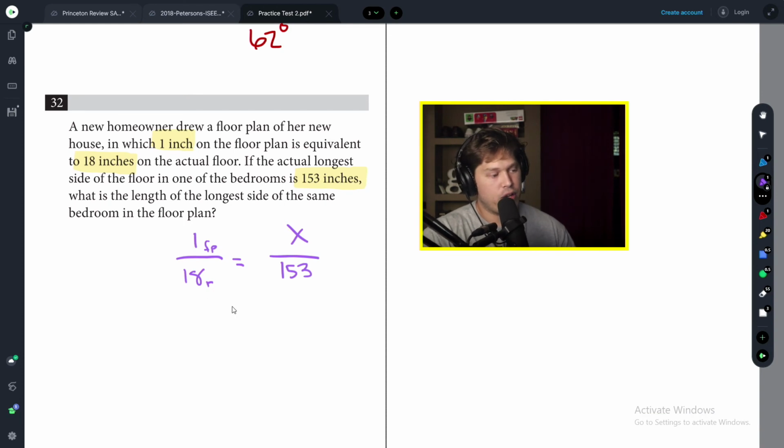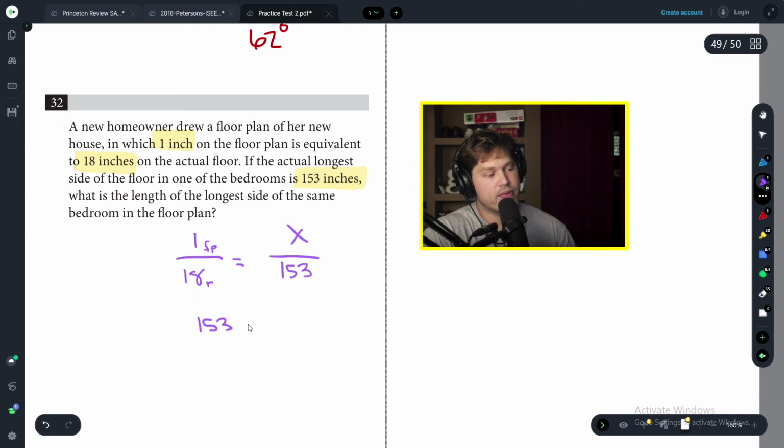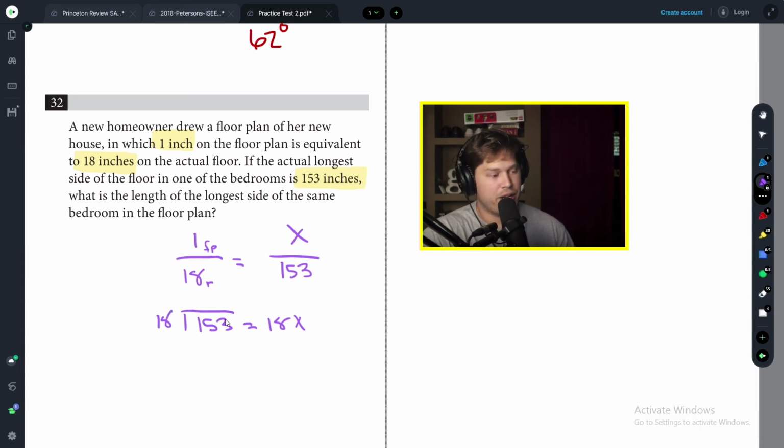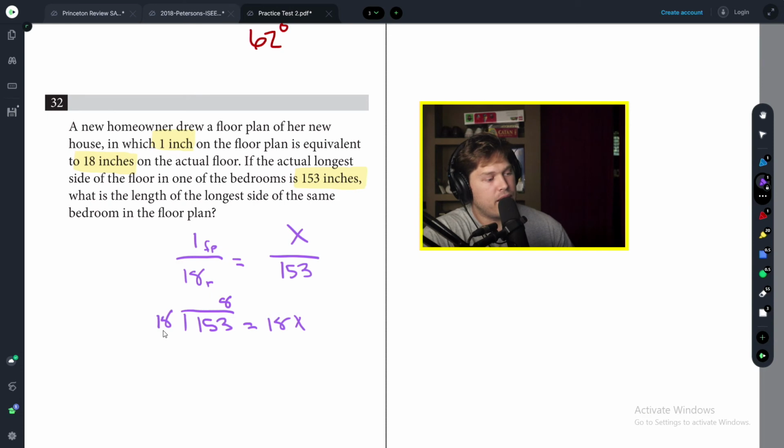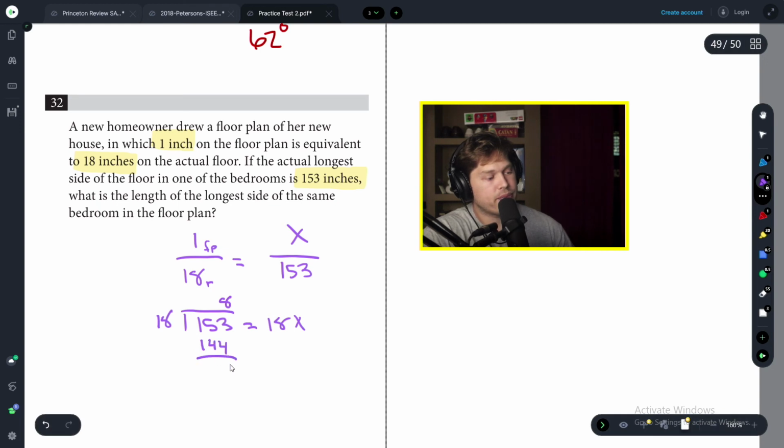So we have our ratio. We're just going to cross multiply. We have 153 equals 18x. We're going to divide by 18. Of course, you have your calculator, I'm just going to divide it by hand though. 18 goes into 153 8 times, I believe. 8 times 10 is 80. 8 times 8 is 64. 80 plus 64 is 144.